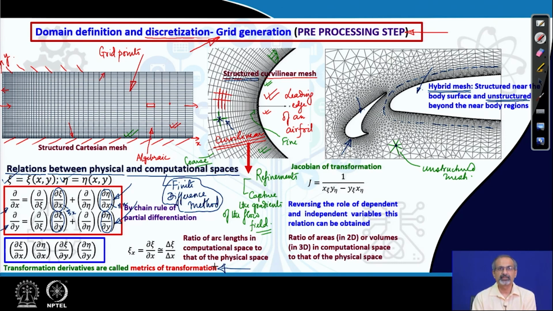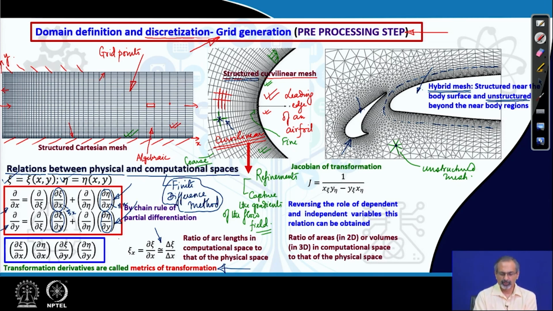These are transformation derivatives operating between the physical and computational space, and they are called as the metrics of transformation. So, if you try to approximately look at what they are doing, xi x term would be a ratio of delta xi by delta x, which is like ratio of arc lengths in computational space to that of the physical space.